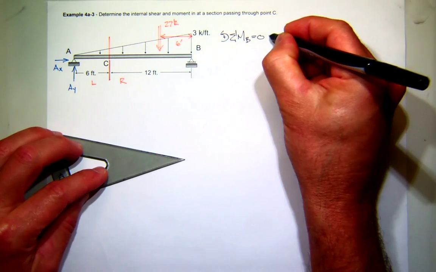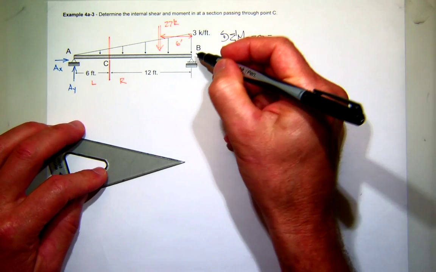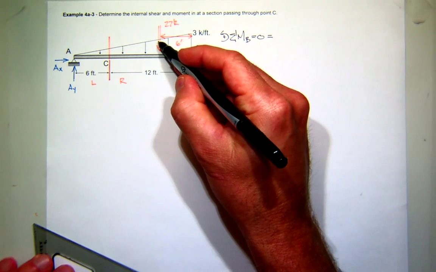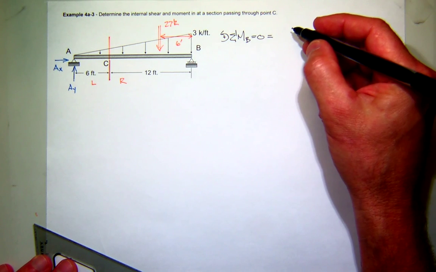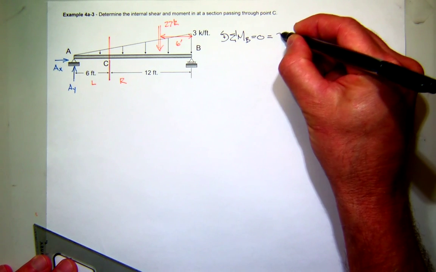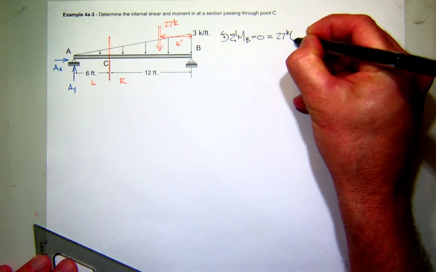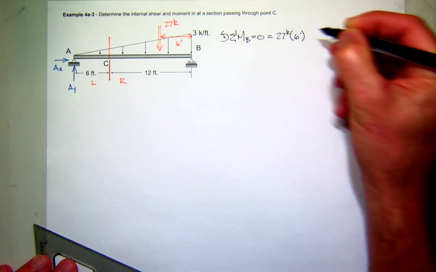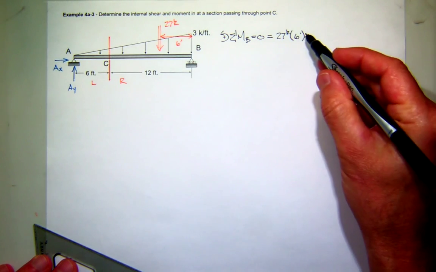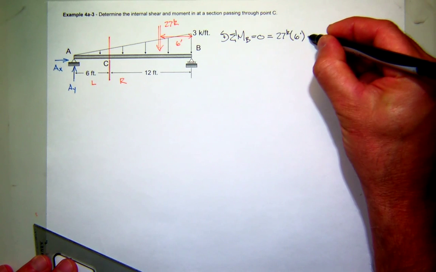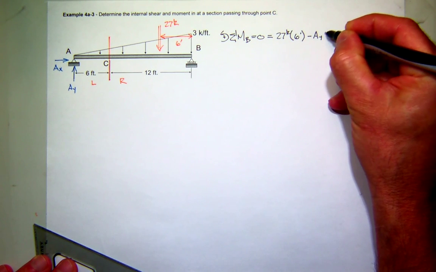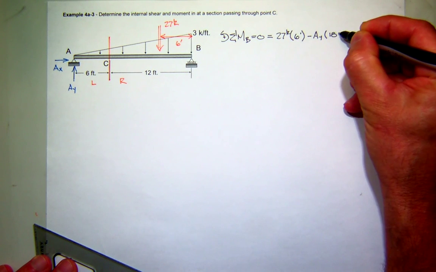So now when I'm summing moments about B, does my 27 kip force create positive or negative moment about B? I'm using right-hand rule, so it's positive. So I have 27 kips times 6 feet for my moment arm. And then the only other force is the reaction at A, which creates negative moment at 18.